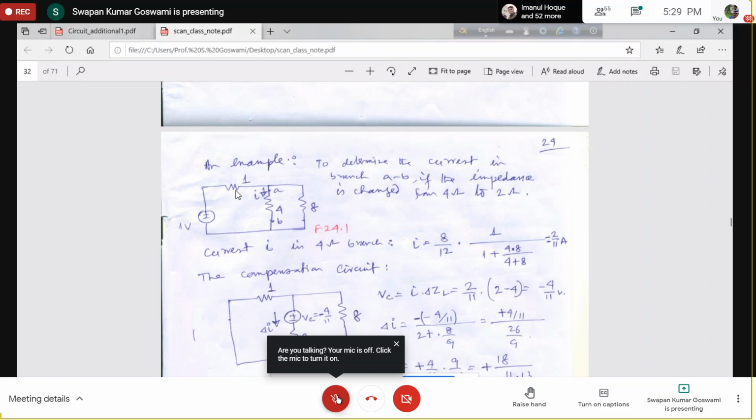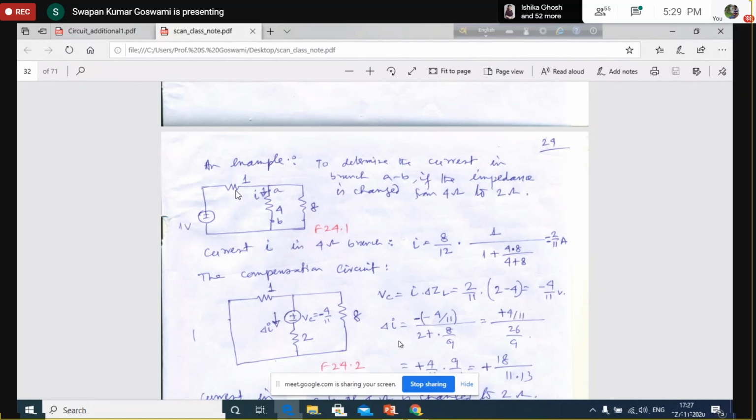That means by changing the position of the source and response, there is no change in the value of the response if the magnitude of the source remains the same. So we can say that those networks where you can change the position of the source and response are known to be reciprocal or bilateral networks.